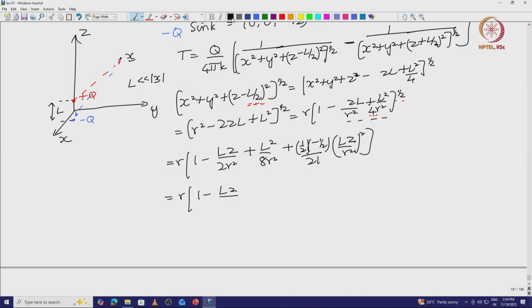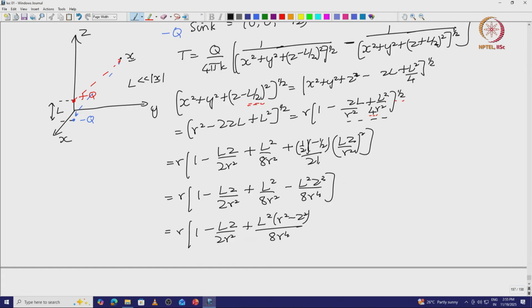L² by 8r² minus L²z² by 8r⁴. So I can write this as 1 − Lz by 2r² plus L² into (r² − z²) by 8r⁴.